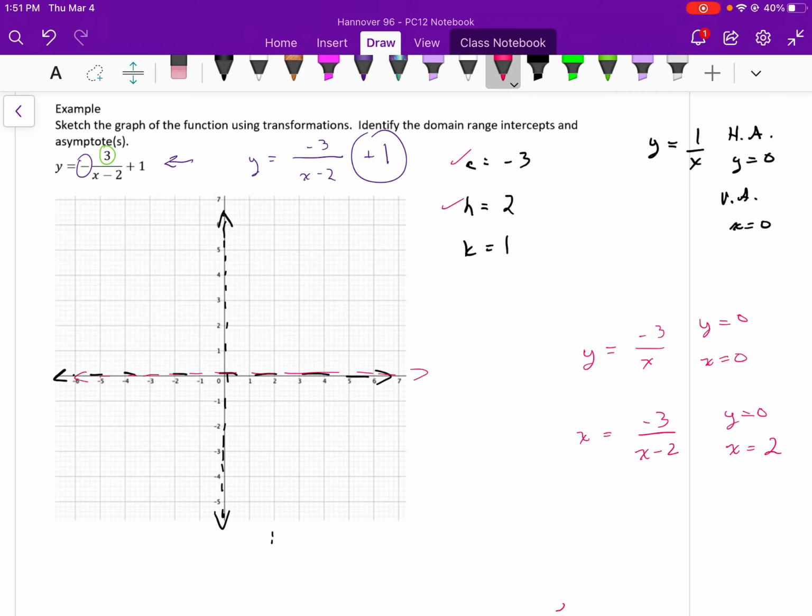It got shifted along with the whole graph 2 units to the right.